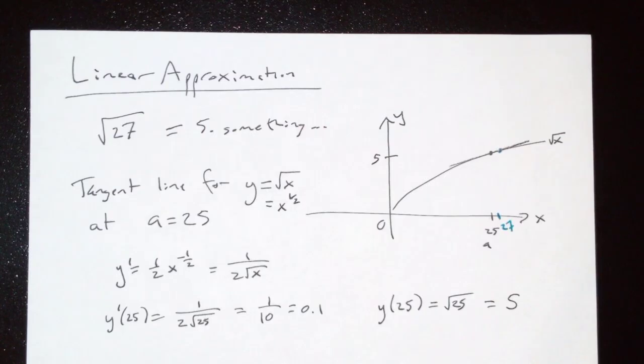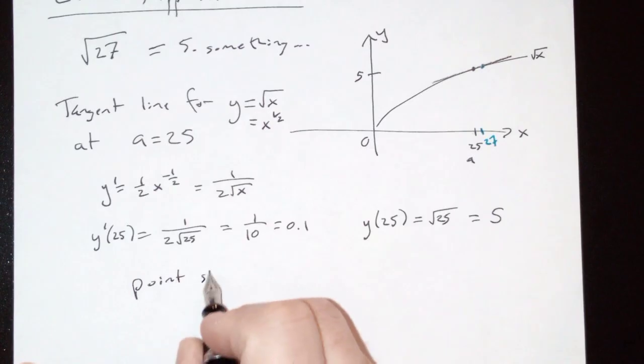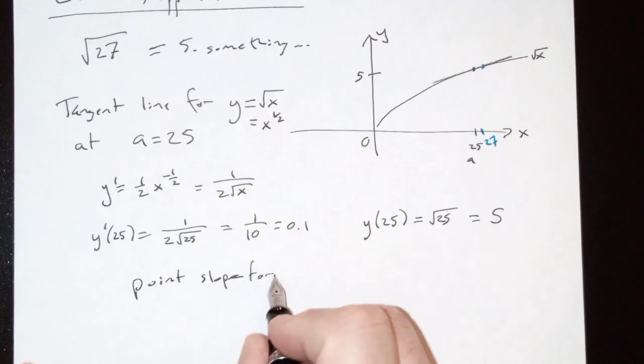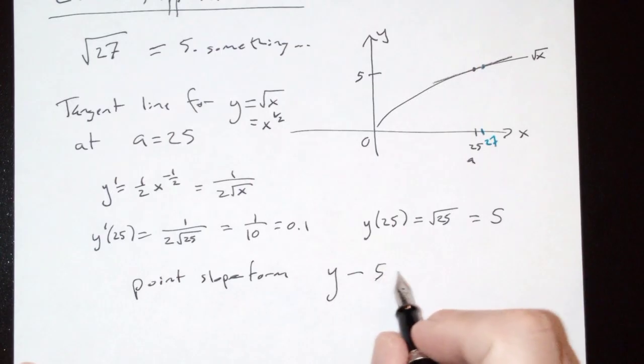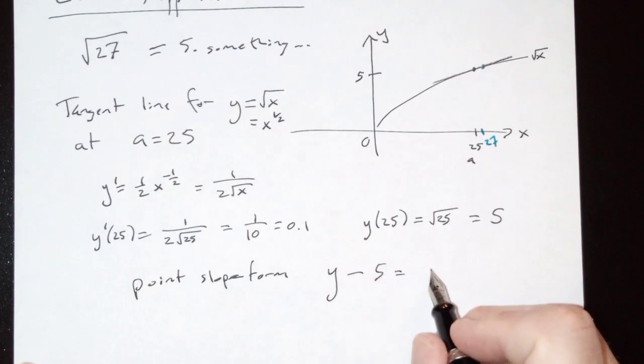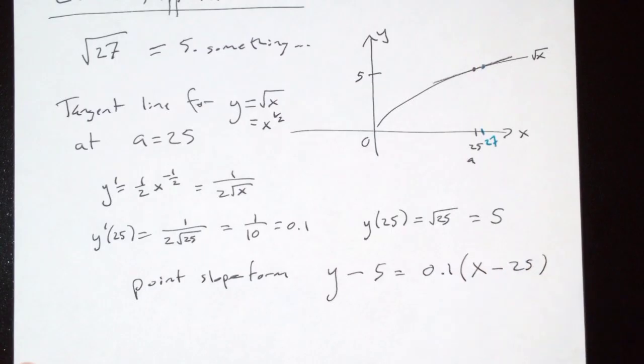And now I can go to the point slope form of a line. y minus y0 equals m times x minus x0.